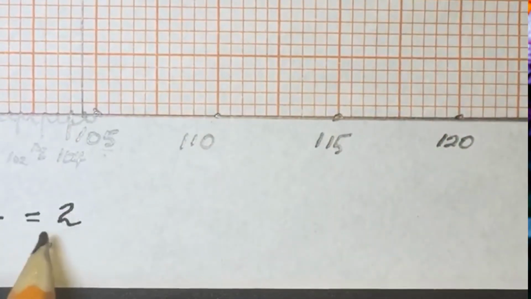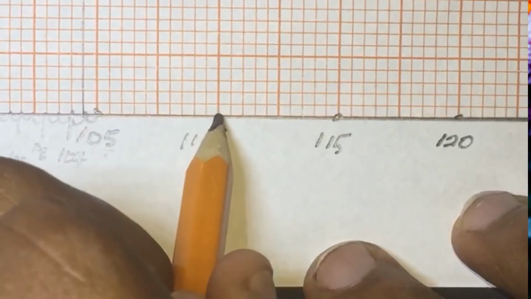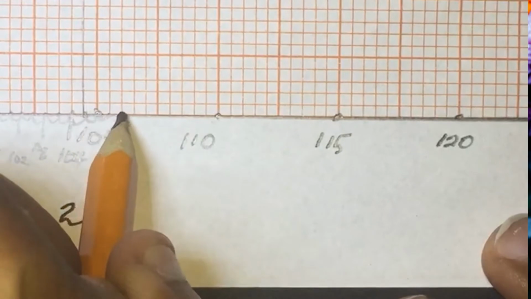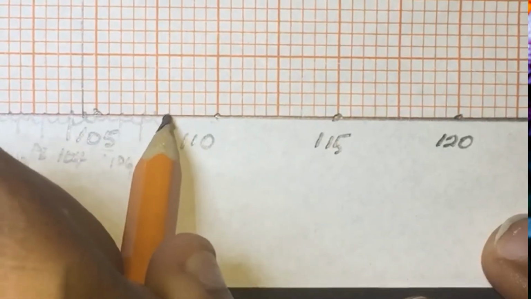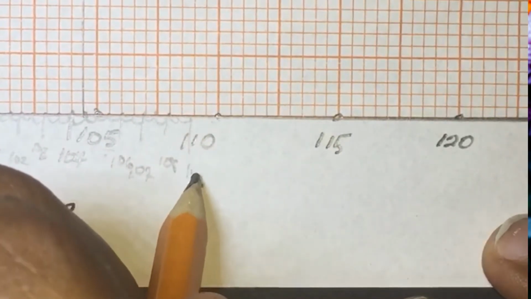Remember, 2 little spaces means 1 unit. So if I'm trying to find 109, I can go 1, 2, 106, 1, 2, 107, 1, 2, 108, and 1, 2, 109.